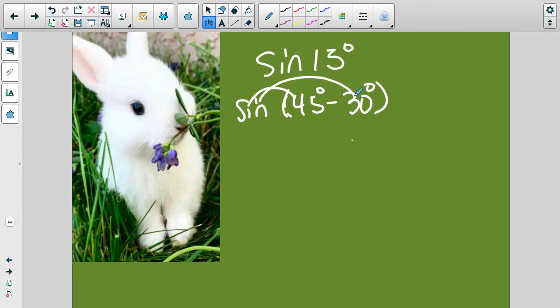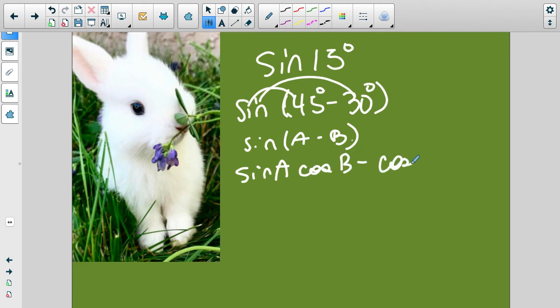The pattern on your sheet says if you have sine of A minus B, do y'all see the pattern? It says you're going to say sine of A, cosine of B, minus the cosine of A and the sine of B. That was plus. I did 45 minus 30, so you've got to find the one you're using.